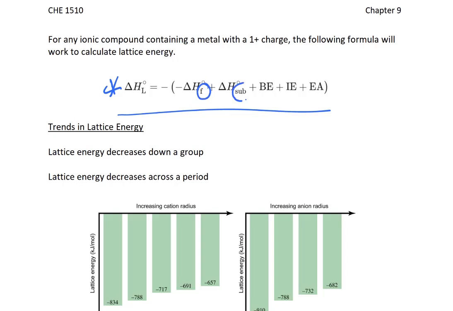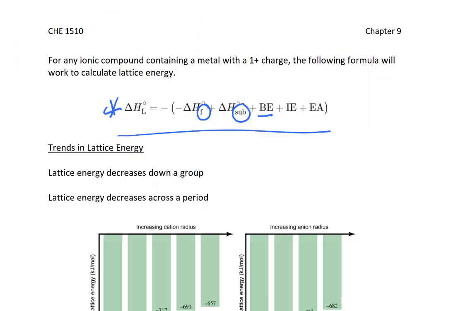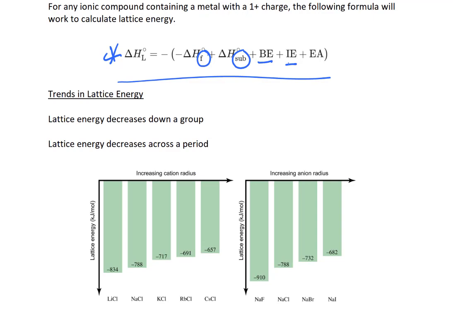You're going to use the sublimation, the bond energy for breaking this bond here, the Cl2, the ionization energy for turning your metal into a cation, and then your electron affinity for turning your non-metal into an anion, where remember, a cation is a positive ion, and an anion is a negative ion. So you would use this equation.